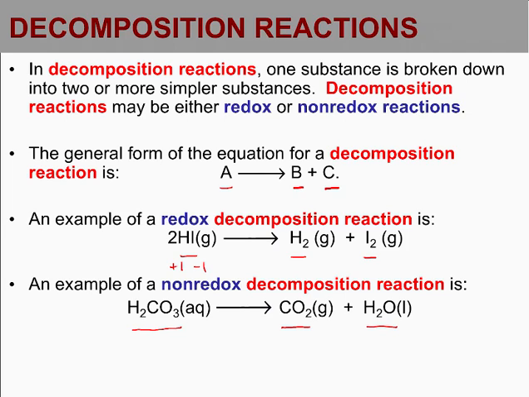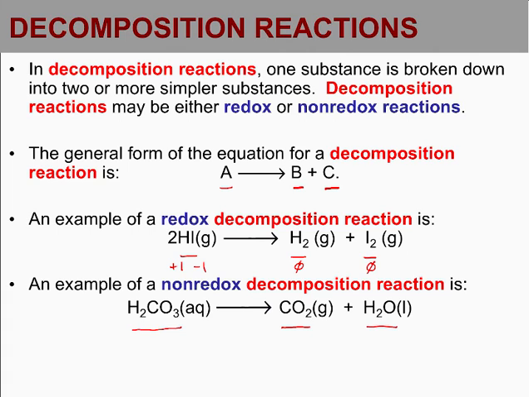All of the halogens in group 7A will have a -1 oxidation number. Now in the products, hydrogen is a pure gas, so that would have a value of 0. And iodine is also a pure gas, so it would have a value of 0. So we definitely have a difference in oxidation numbers from the reactants to the products, which tells us that we have a transfer of electrons.